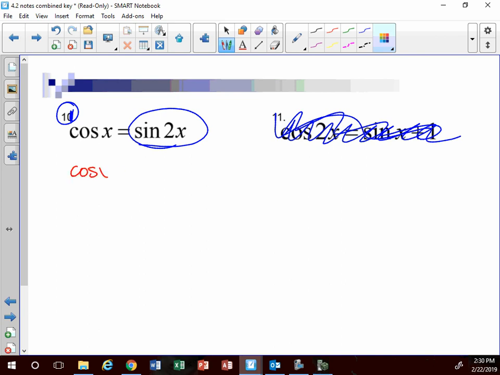Good. Okay. Do not divide by cosine, guys. You're going to factor it out. If you divide by it right here, you will lose some of your solutions. You cannot divide by a variable. But I could move the cosine over there.